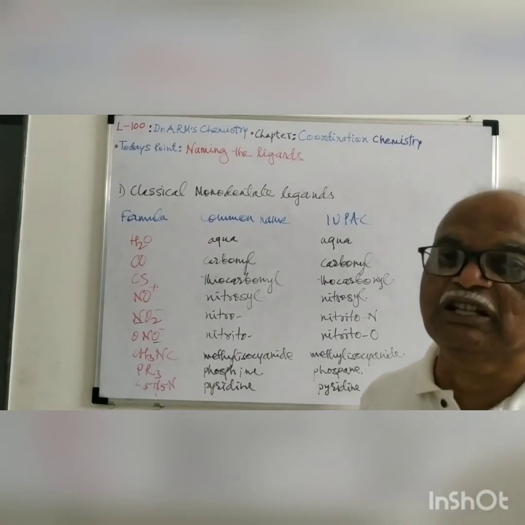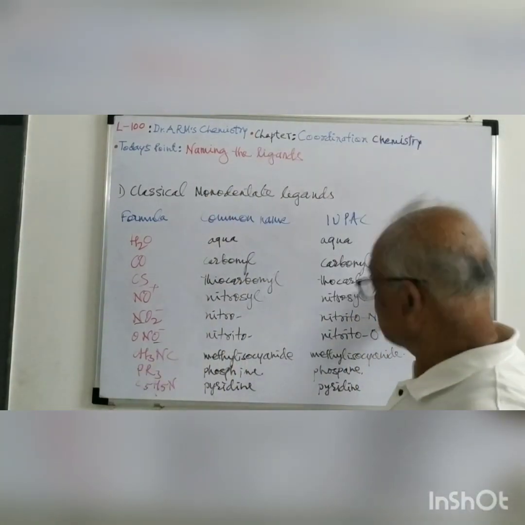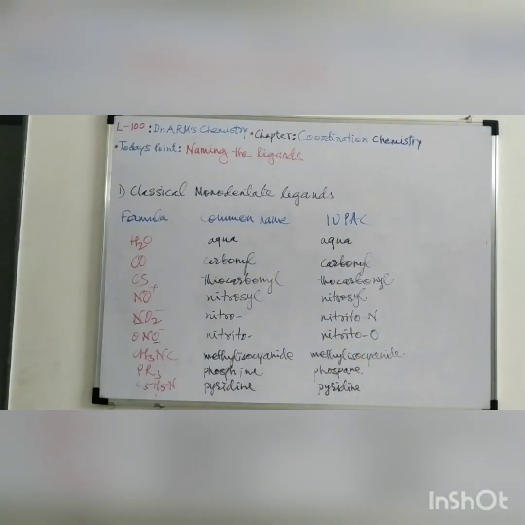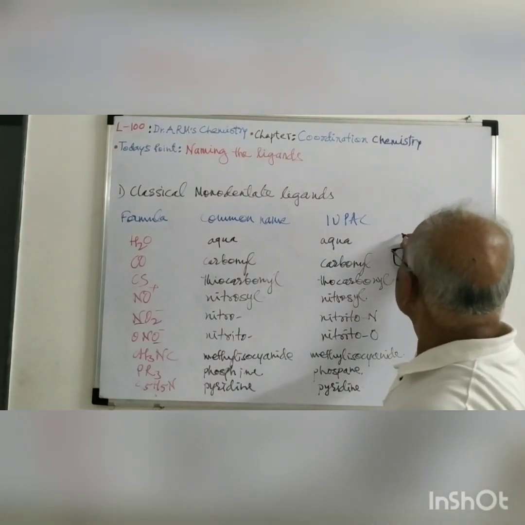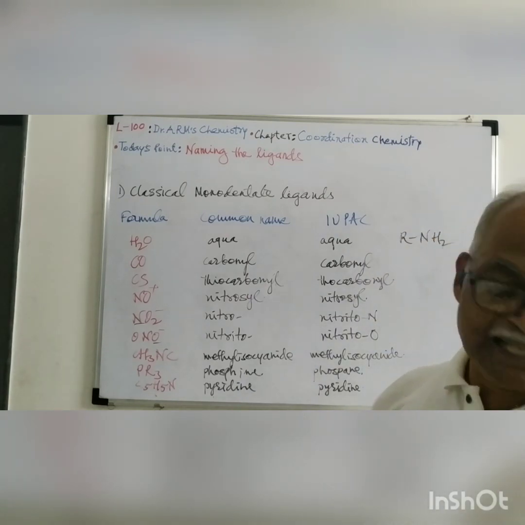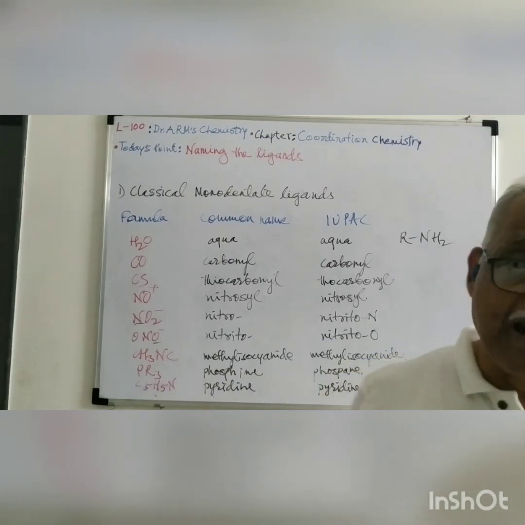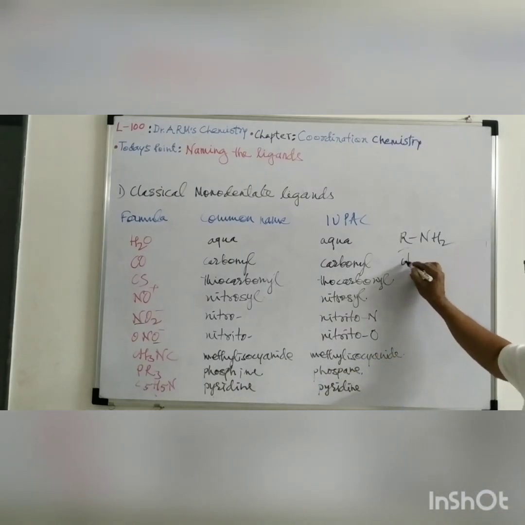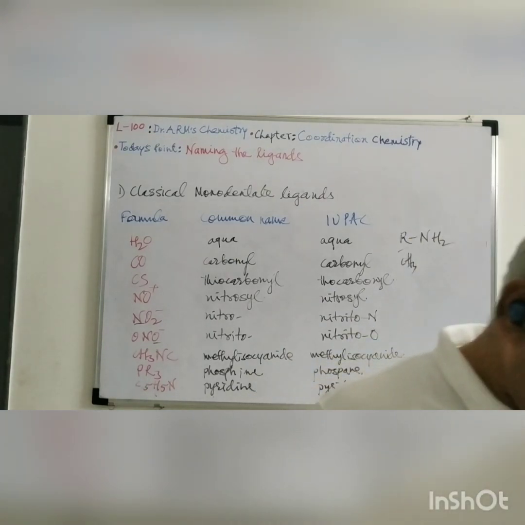If we find the other amines, the derivatives of these species, such as RNH2, this is a primary amine. For example, when R is replaced by CH3, it becomes methylamine.